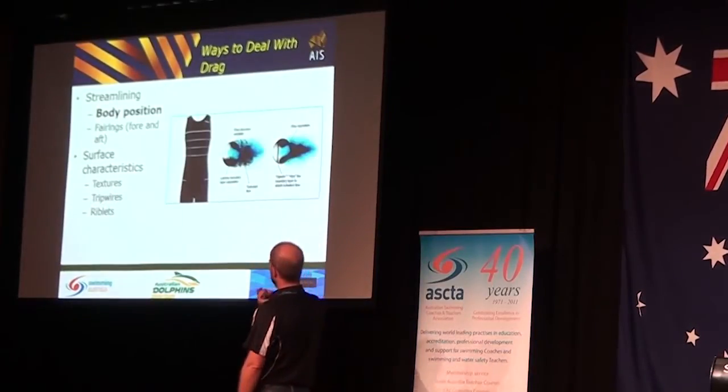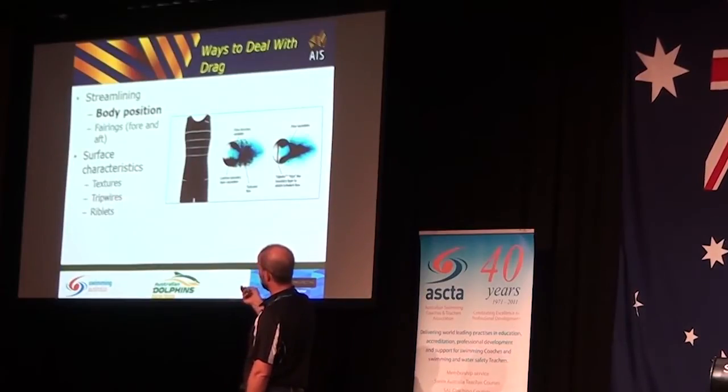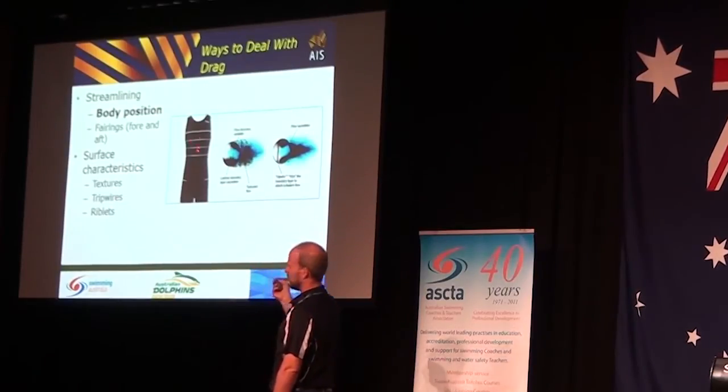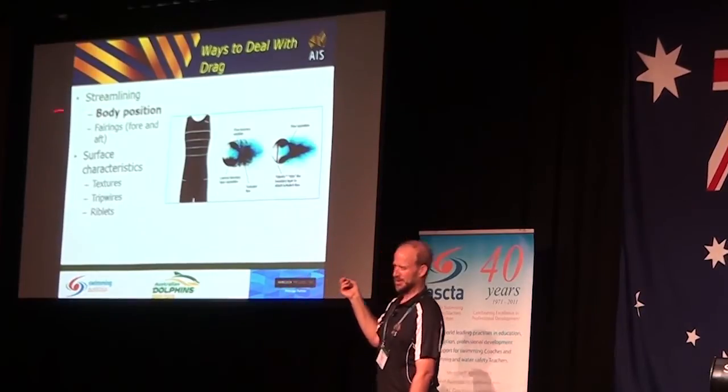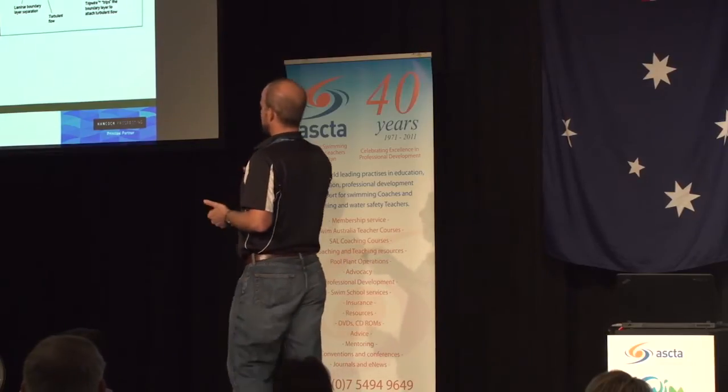Other ideas that companies have come up with are these things like tripwires. I don't know if you guys remember these suits. You do see them every now and then. But they had these raised loops along the body, and they had another one around the top edge of the cap. The idea behind that is the same kind of thing as a golf ball.